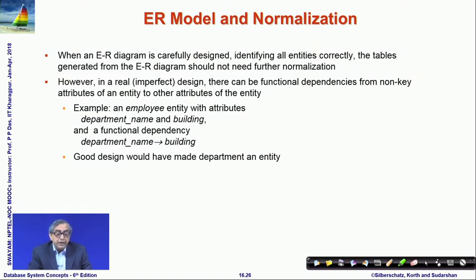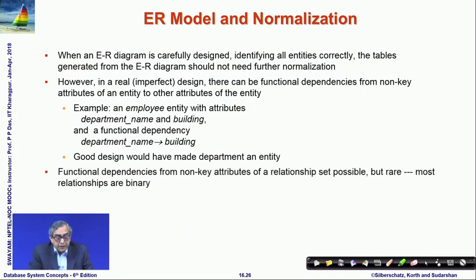What it means is that in the entity relationship diagram itself, we did not do a good job. If we had done a good job, then we would have identified that the department itself is an entity, and therefore would not feature as an attribute on the employee. If we had called it a separate entity, that is equivalent to what we are doing now, taking the relation and breaking it down through decomposition.